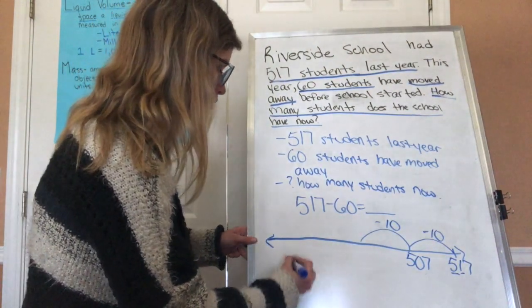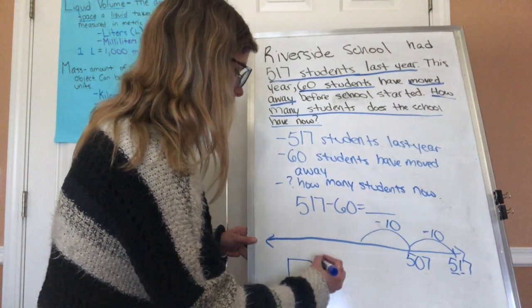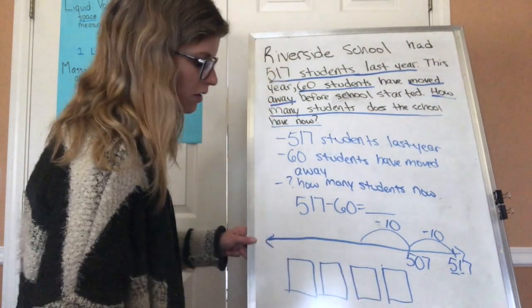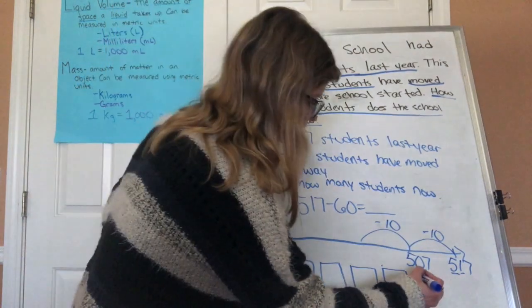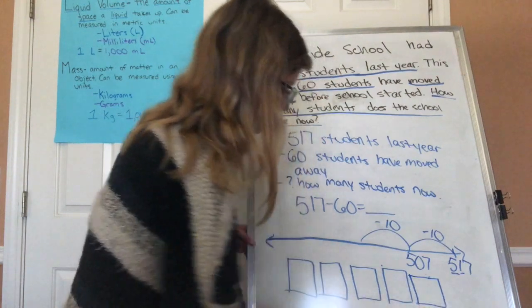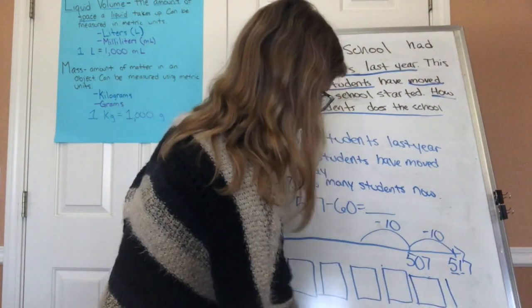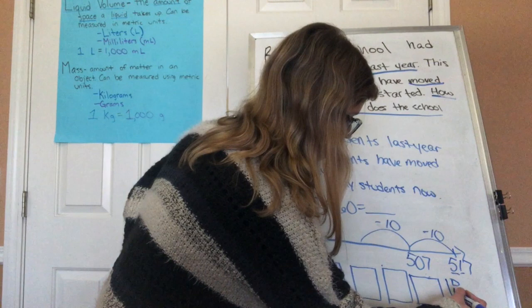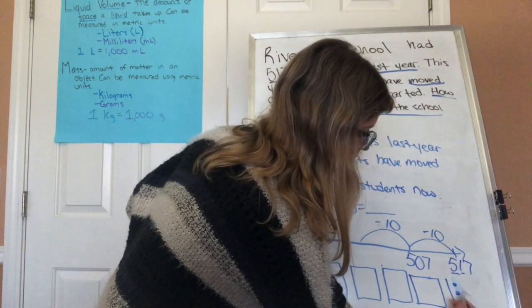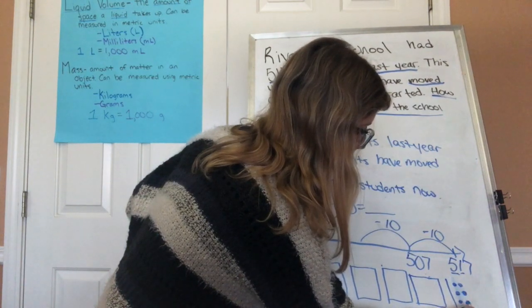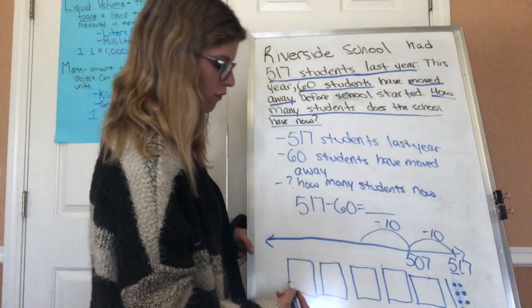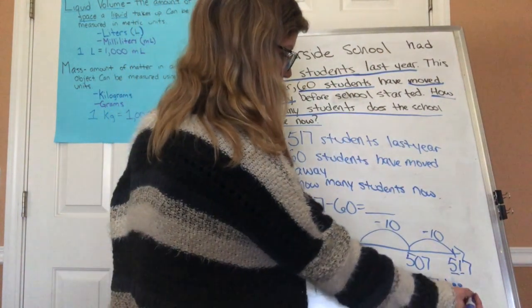So what I'm going to do is I'm going to draw 517 using hundreds, tens, and ones. So 500, 10, and 7 ones.